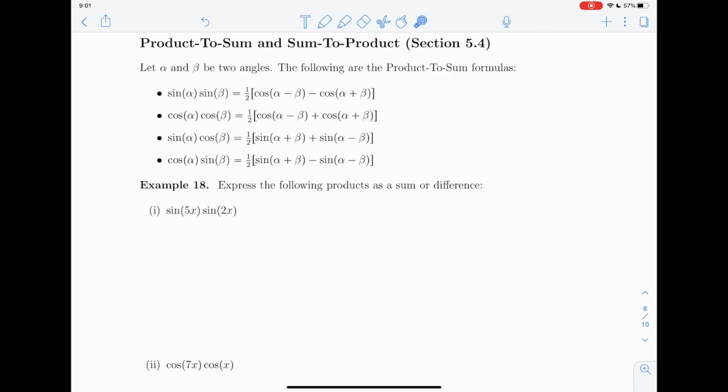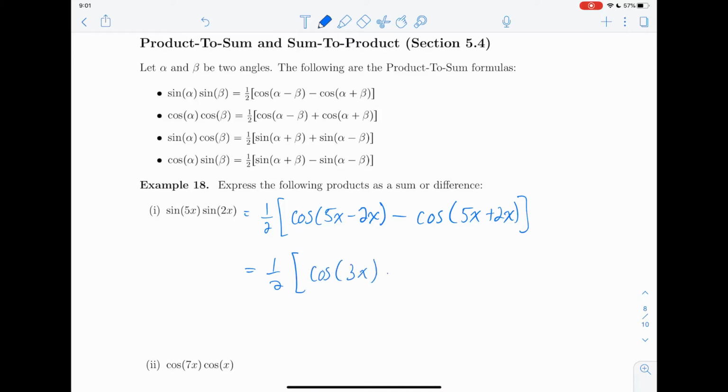Well, I have a sine times a sine, so I'm going to use this first identity, and I can rewrite this as now 1/2 times the cosine of the first one minus the second one, minus the cosine of their sum, 5x plus 2x, which of course you can simplify into 1/2 times the cosine of 3x minus the cosine of 7x.